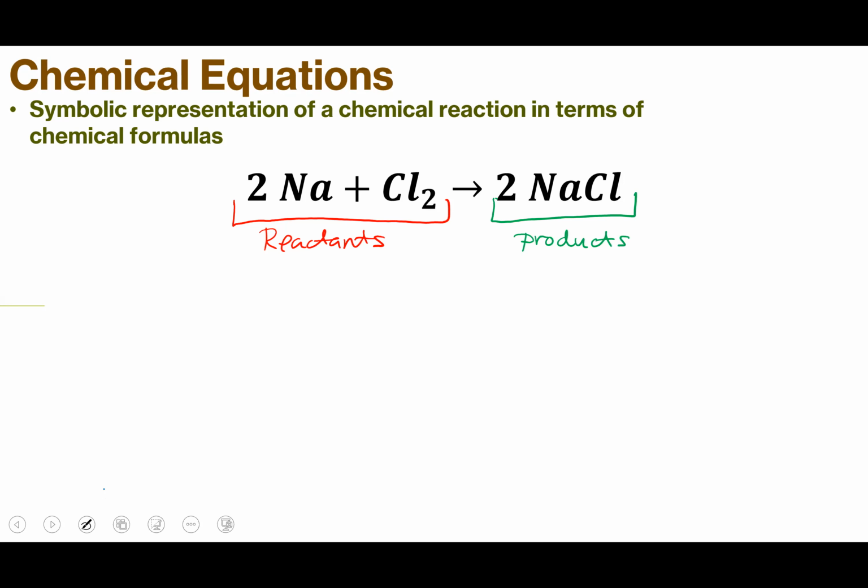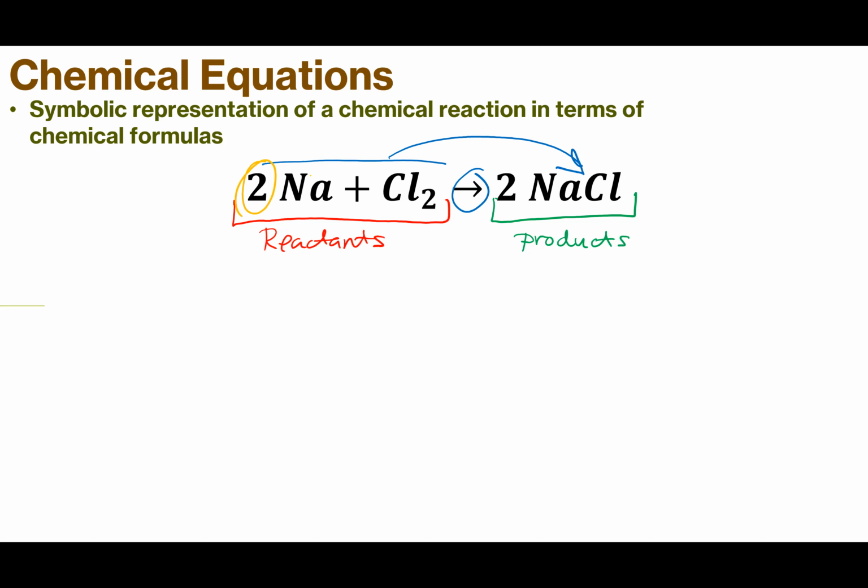In the middle, we have this reaction arrow, and the arrow is telling us what's happening. It's saying this stuff over here is being converted into this stuff over here. You can think of the arrow as the action of the chemical reaction itself happening. There are numbers in the front, and we're going to talk about where these come from.